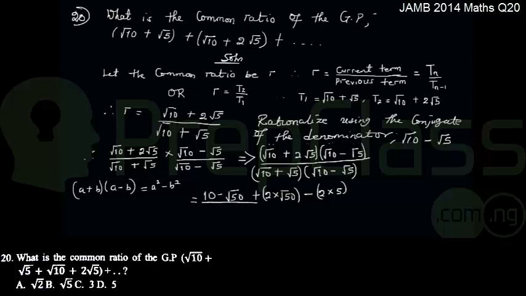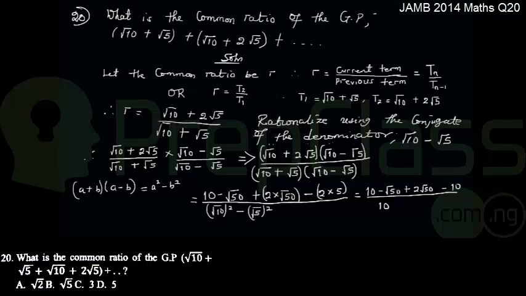Now let's look at the denominators. I have root 10 plus root 5 over root 10 minus root 5, so this gives root 10 all squared minus root 5 all squared. So the numerator becomes 10 minus root 50 plus 2 root 50 minus 10, all over root 10 all squared, that is 10, minus root 5 all squared.